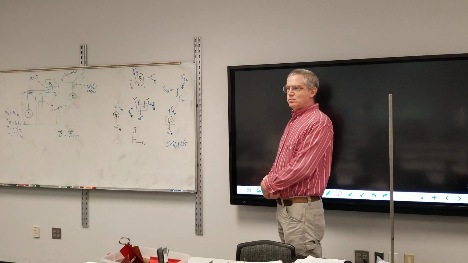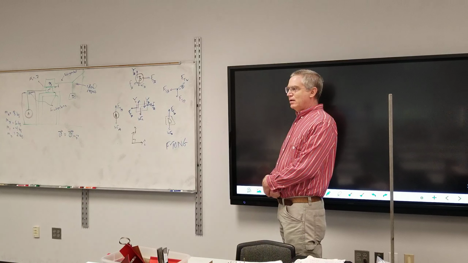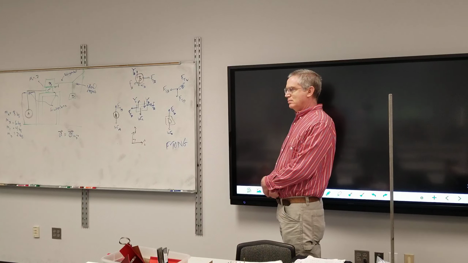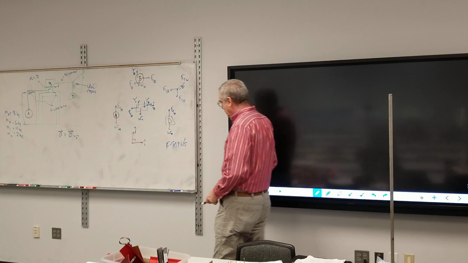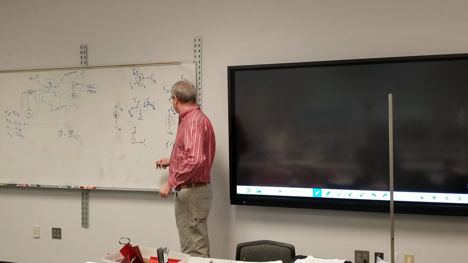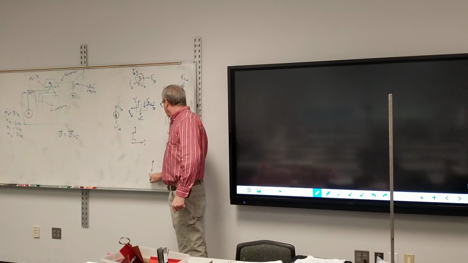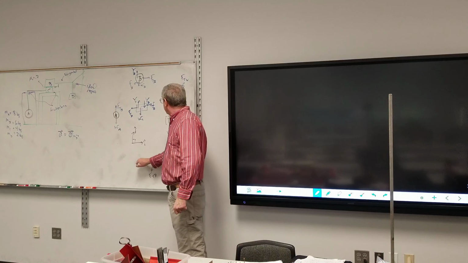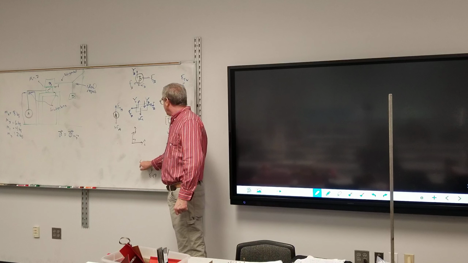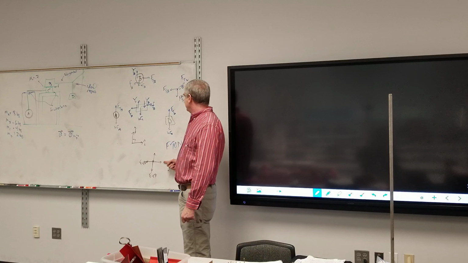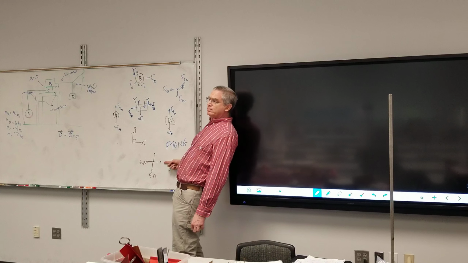Decomposition? We only have to decompose the FTW. All right, so if we decompose that, we still have FTD going down, FTB going to the left, and then what's the horizontal component of FTW?